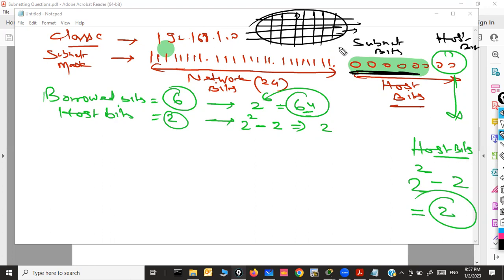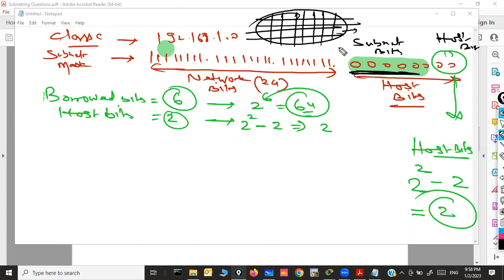So yes, subnetting can be done in either way, right? If your objective is to divide a network into n number of subnets, that is one criterion, and another criterion could be the number of hosts per subnet. There are two different ways of doing the computation.